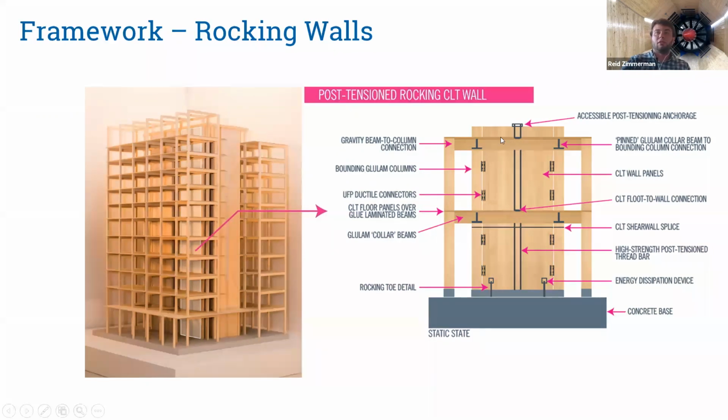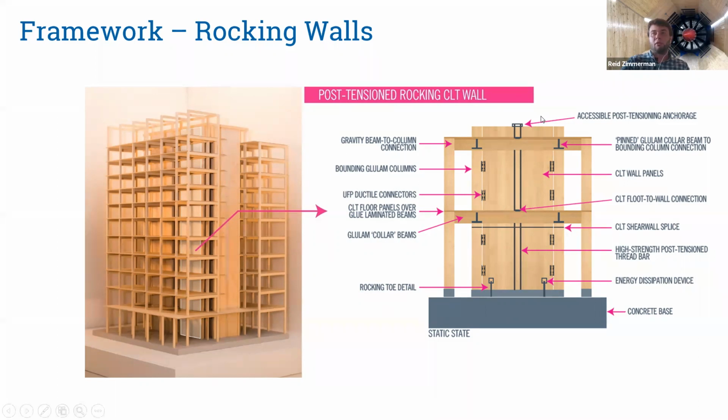You essentially can take the CLT panel that forms the wall, which is inherently stiff and strong, and you use either internal or external post-tensioning to hold that wall down. That provides you a recentering capacity so that after the earthquake, your building will right itself and come back to center.